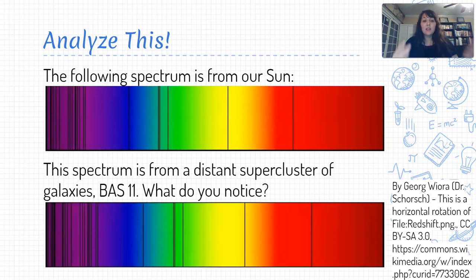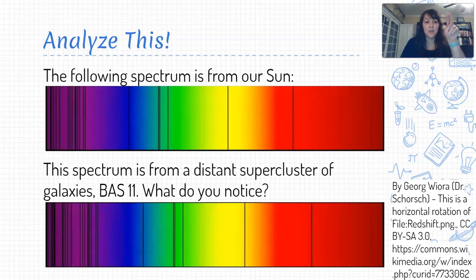All right, and then here's another absorption spectrum from this supercluster of galaxies. Take a moment just to compare these two spectra. You should notice something kind of interesting as you compare the two of them. So what I'm seeing is that both spectra have really similar patterns to them.